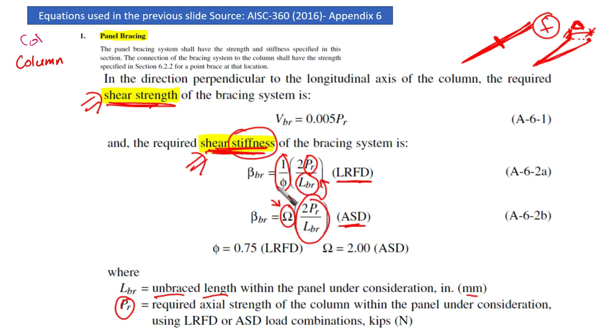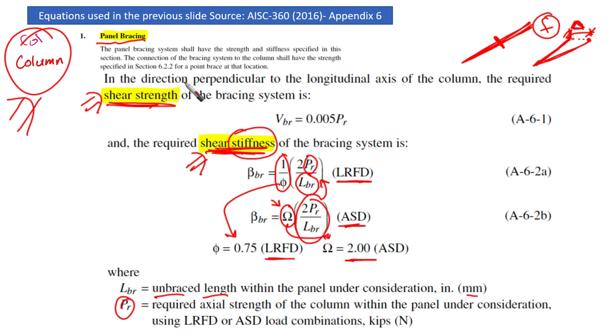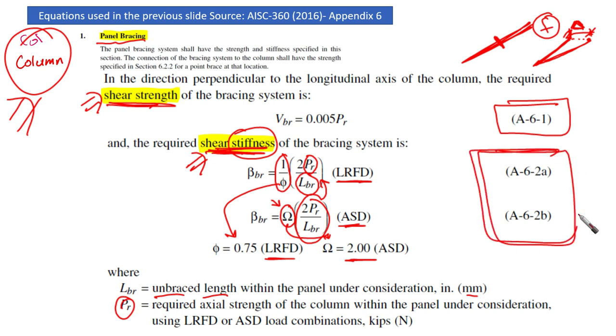For LRFD, phi is 0.75, and for ASD, safety factor 2 is used. So this is related to column panel bracing equations. We have two equations here, remember, 6-1 and 6-2.